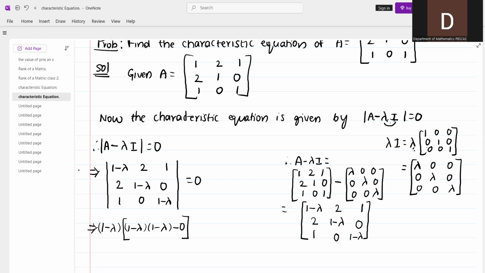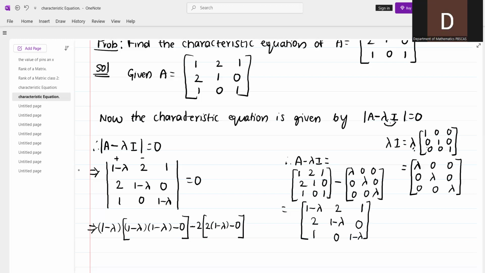Okay, so this is the plus element and the minus 2 into the corresponding column, 2 into 1 minus lambda, 2 into 1 minus lambda minus 0.